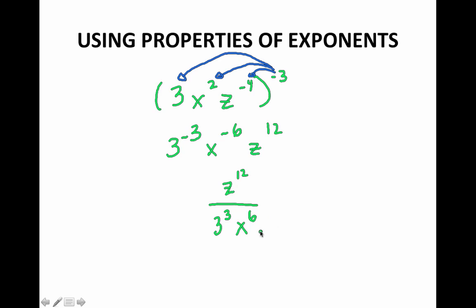And then my last step would be to do 3 to the 3rd power, which is 27. So I would have z to the 12th on the top, over 27 x to the 6th. And that is my simplified expression.